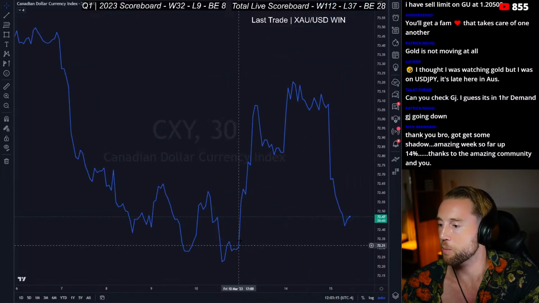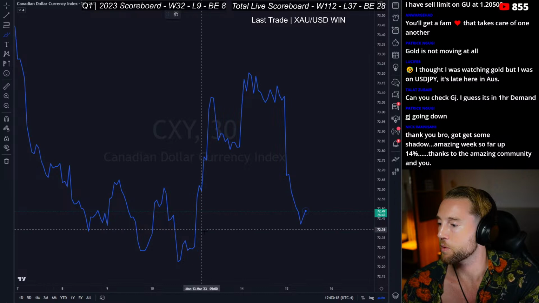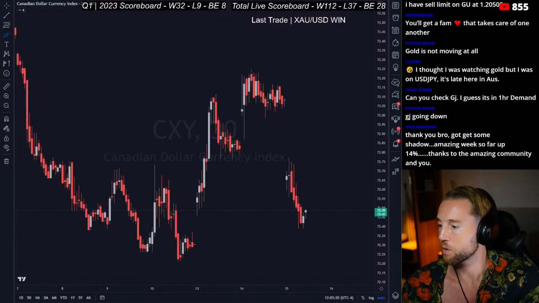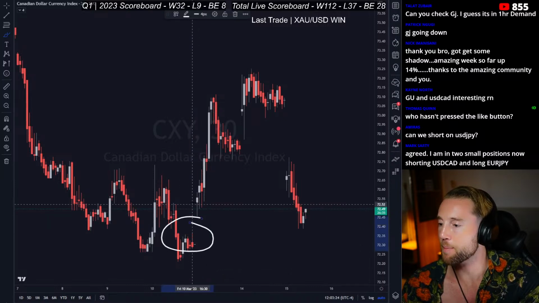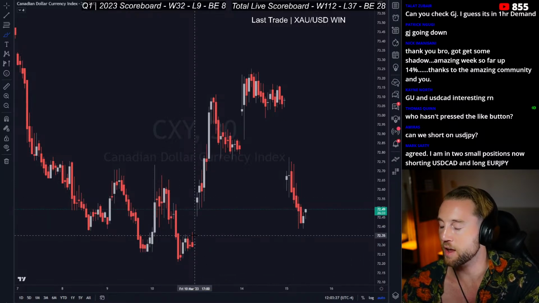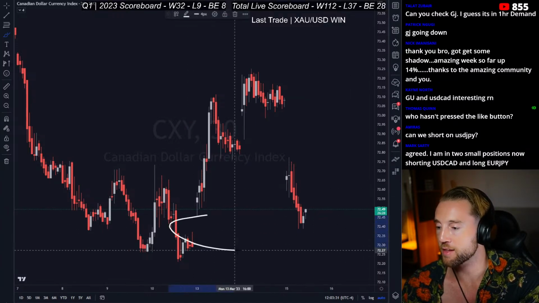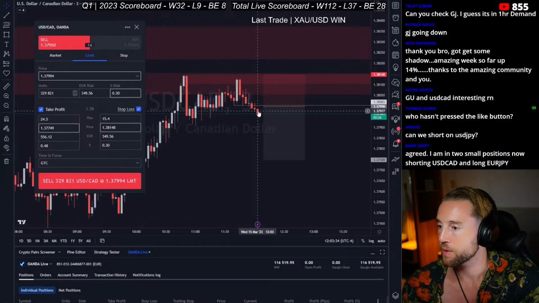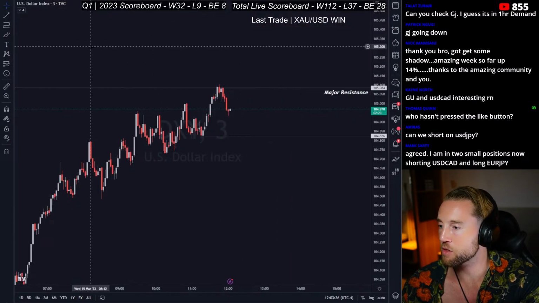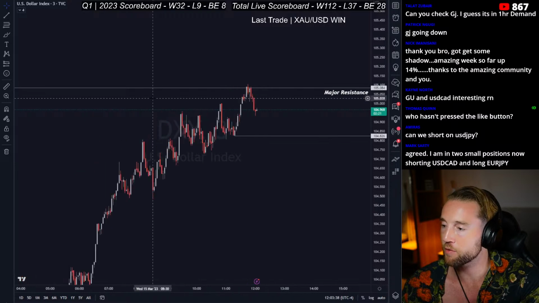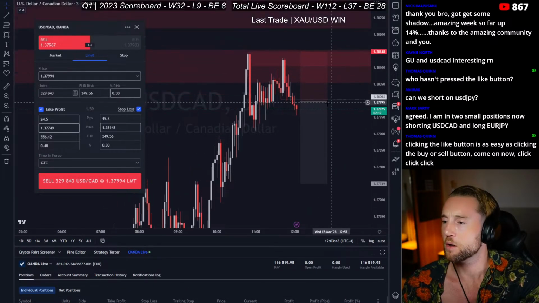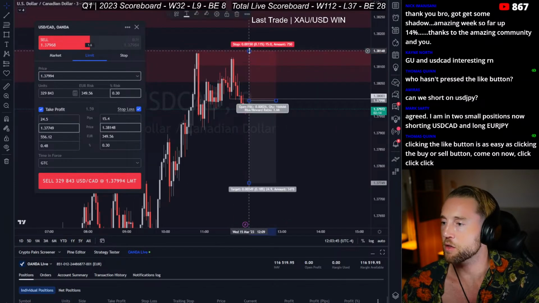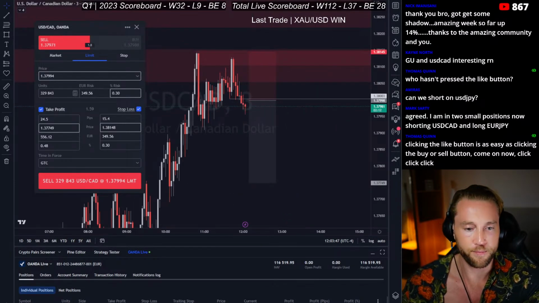So we came from this zone. We are roundabout ranging, and we filled out that gap that was set here on a Friday last week. And now we're seeing a reaction from that gap. So this is important. This is good. Dollar is not strong. Dollar has major resistance right now. We have a lot of liquidity built up underneath. We're losing a little bit of volume there. I might go in a short here for the US dollar Canadian dollar.